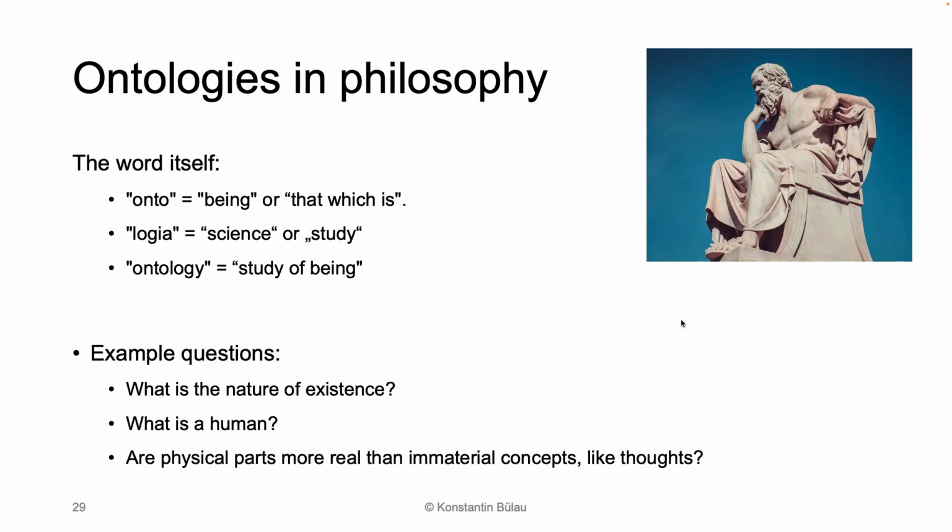What is there? What is the nature of existence? What is a human? What different species are out there? Are physical parts more real than immaterial concepts like thoughts? It's about the nature of existence and the definition of this nature of existence.